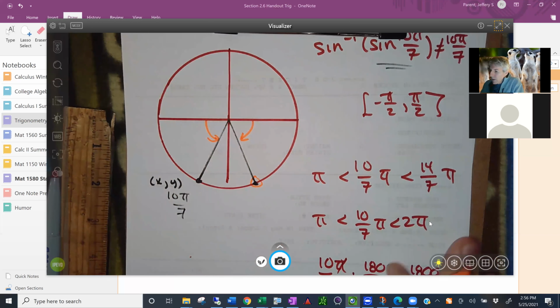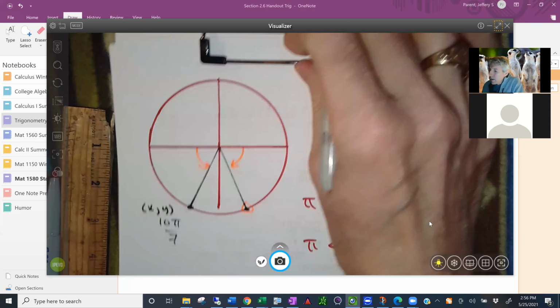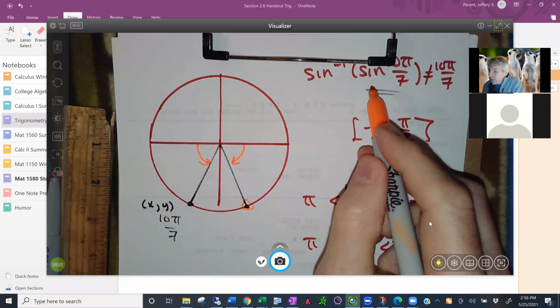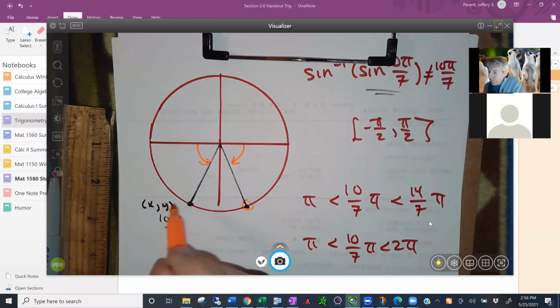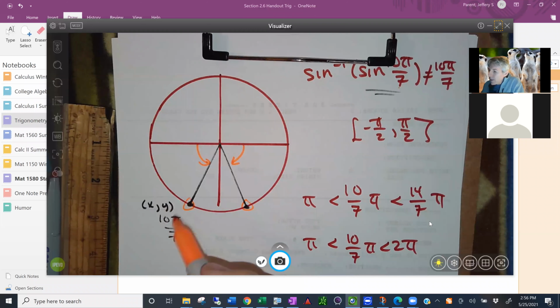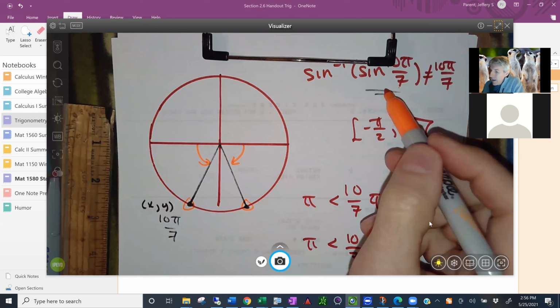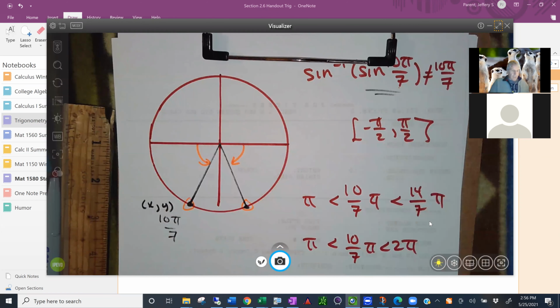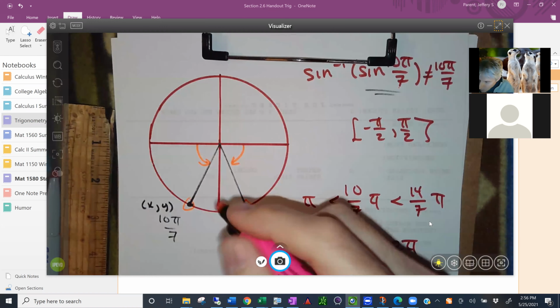A little bit. So what we're trying to do, when you take the sine of something, you're going to get the y coordinate. And then I want the inverse sine of something, but the inverse sine of that something is going to give me an angle between negative pi over 2 and pi over 2.